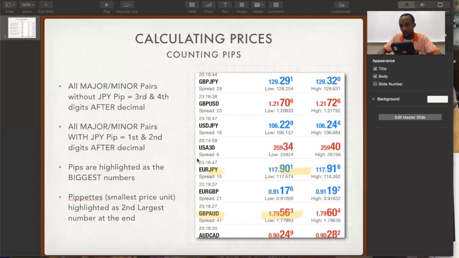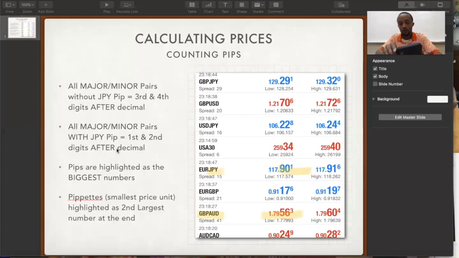So obviously, JPY pair, first and second digits after the decimal are going to be the 2 and the 0. So right here we have 129.20. 20 is the pip. Now, the price has to move by the smallest unit, which is a pipette. So as this increases, you're going to see the last digit increase one number at a time. I'm going up a tenth of a pip at a time. So once we get to 129.21, that's an increase of 1 pip.